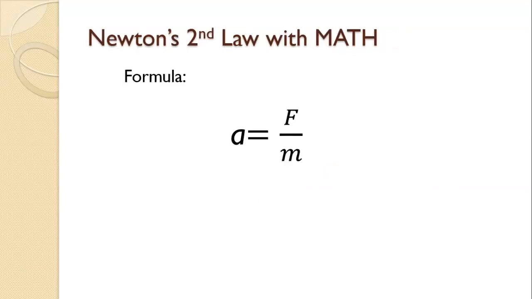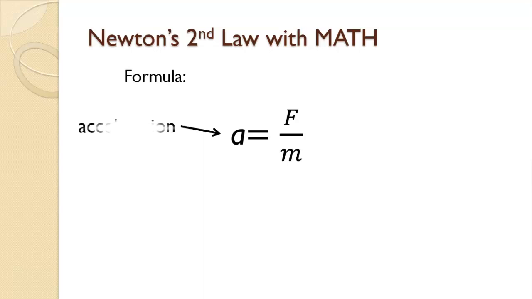And so we can actually use math to explain and to calculate Newton's second law. And this is the formula. There are a couple of ways to write this formula, but this is one way to do it, because we've just talked about the fact that the acceleration is dependent upon the force that is applied and the mass of the object.